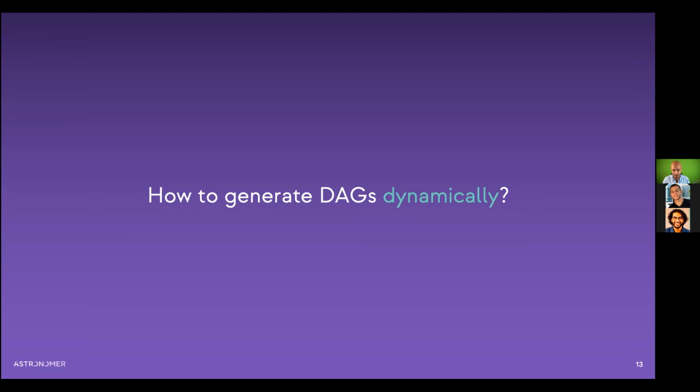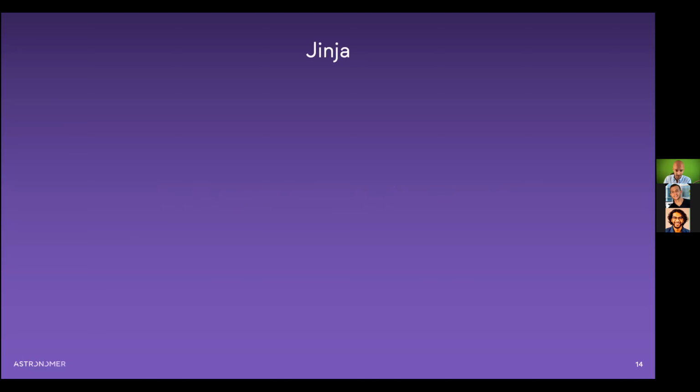What is Jinja? One thing that you need to know is that Apache Airflow uses Jinja to build its web pages and even to render values in your DAGs at runtime. But what exactly is Jinja? Well, Jinja is a template engine. What does it mean? It means that you are going to have a template, which is nothing more than a file with some placeholders, and those placeholders have a special notation.